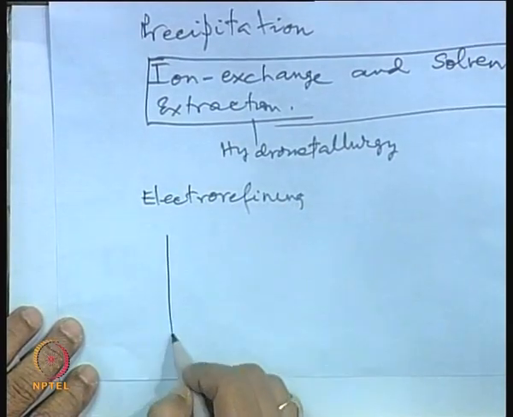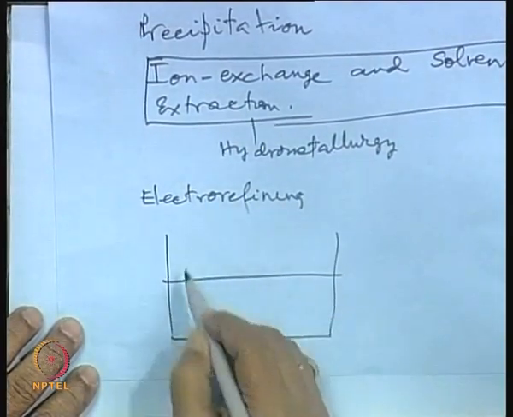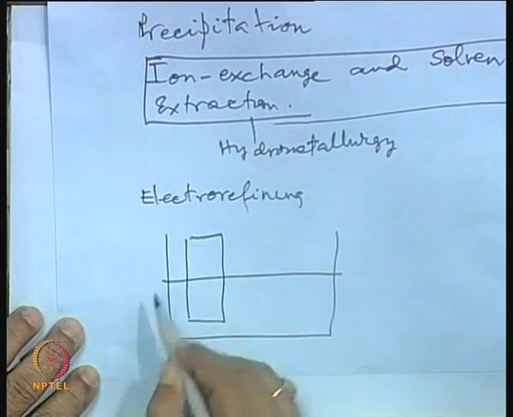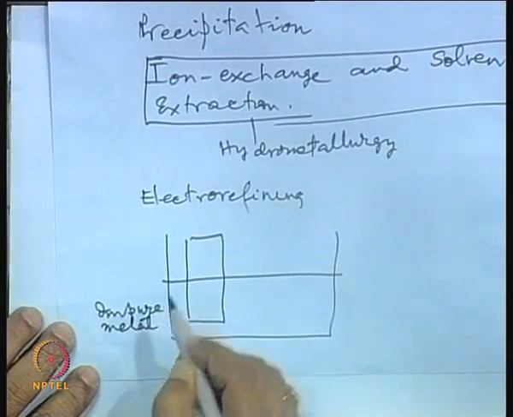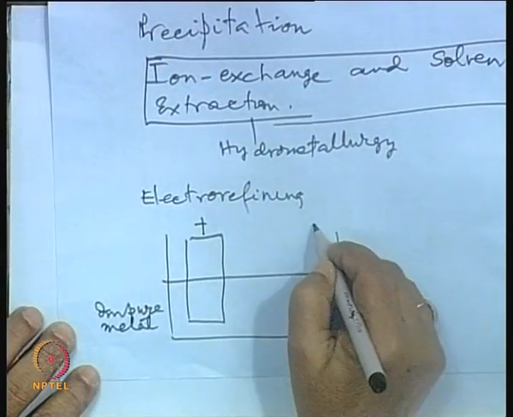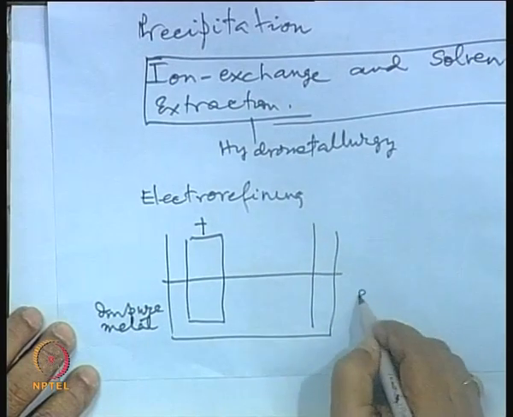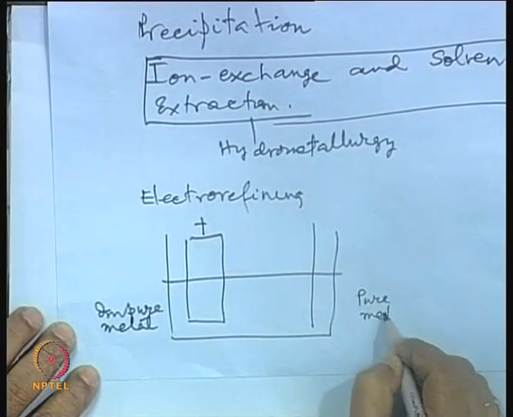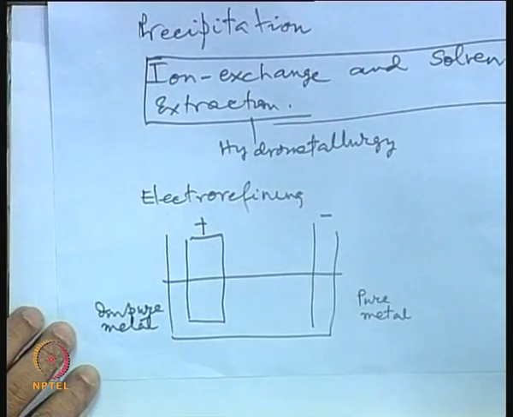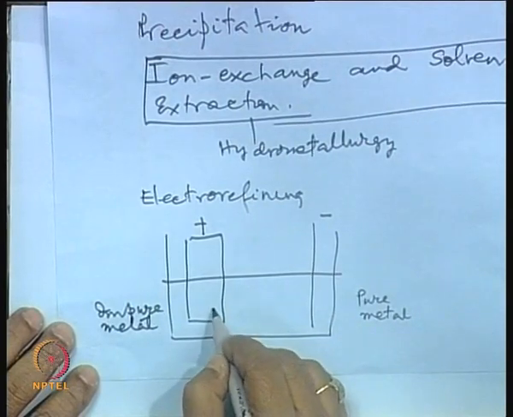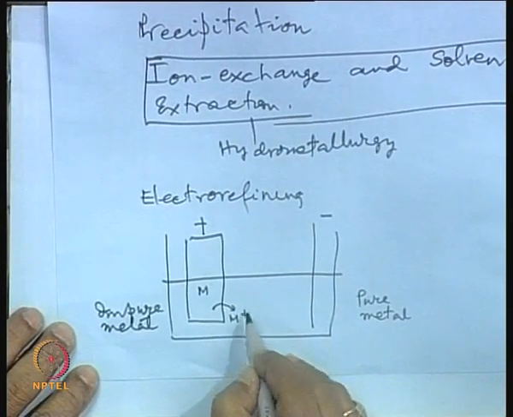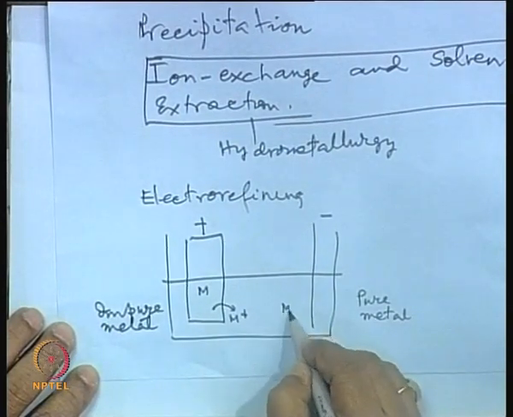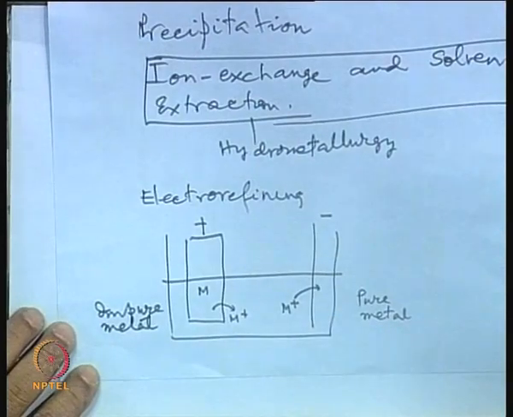There the idea is that in a suitable electrolyte, we will have the impure metal as anode, we will have a sheet of pure metal as cathode, and we will do electro-refining when this impure metal M will dissolve as M plus ions, or whatever is the valency, and this will go and get deposited on the pure cathode.